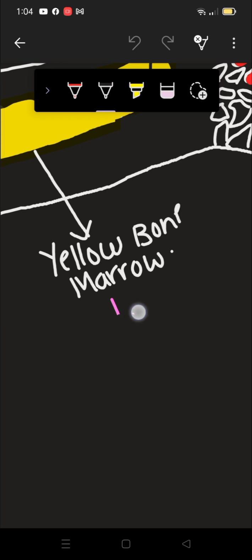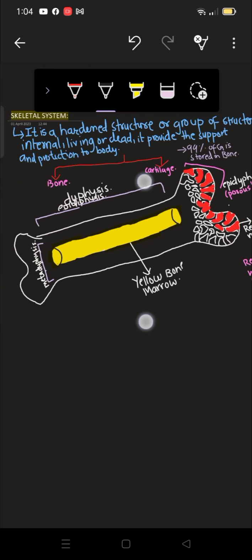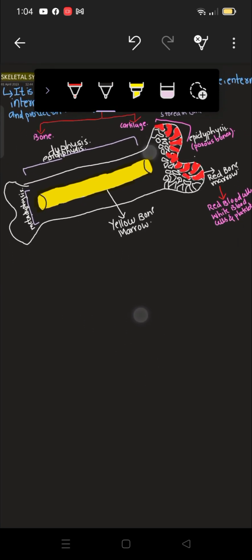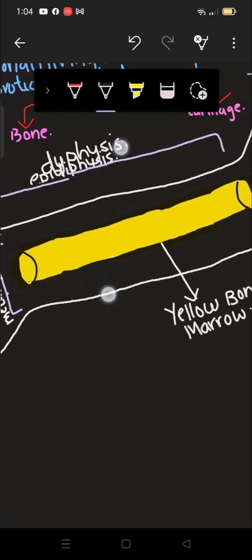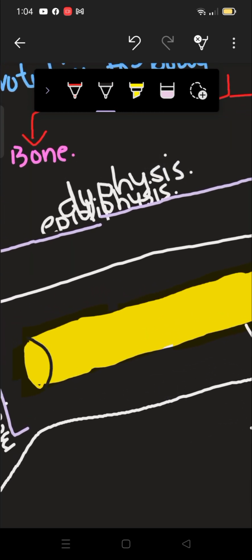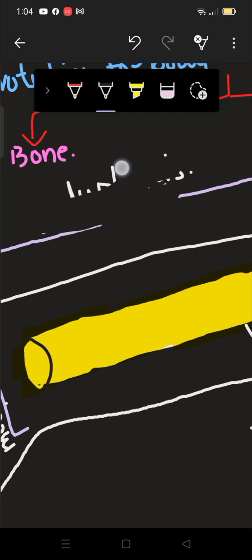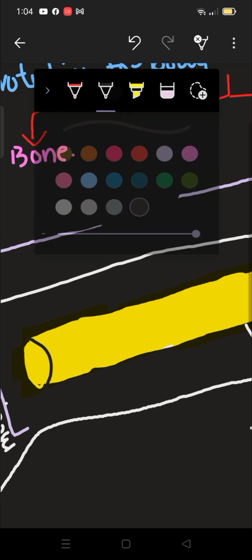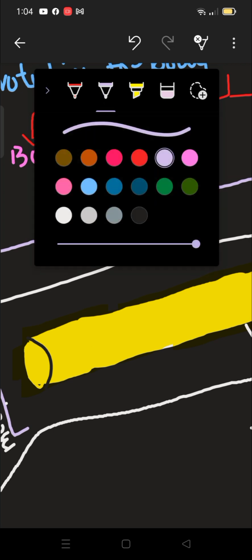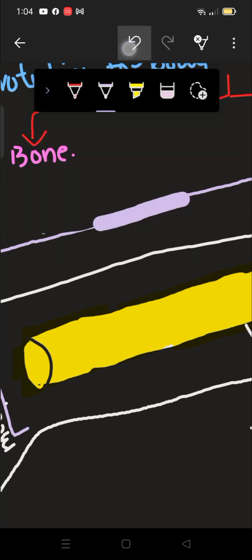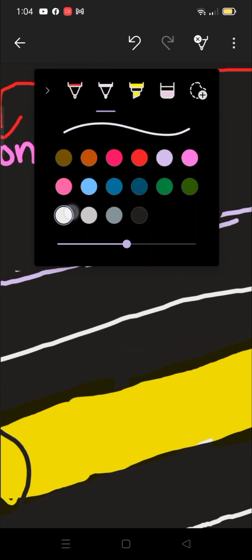Yellow bone marrow will start converting itself into red bone marrow so that it can start producing red blood cells as well as white blood cells and platelets.